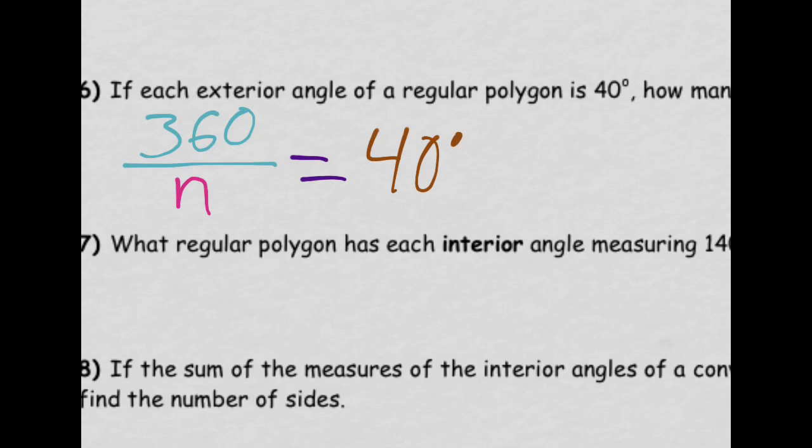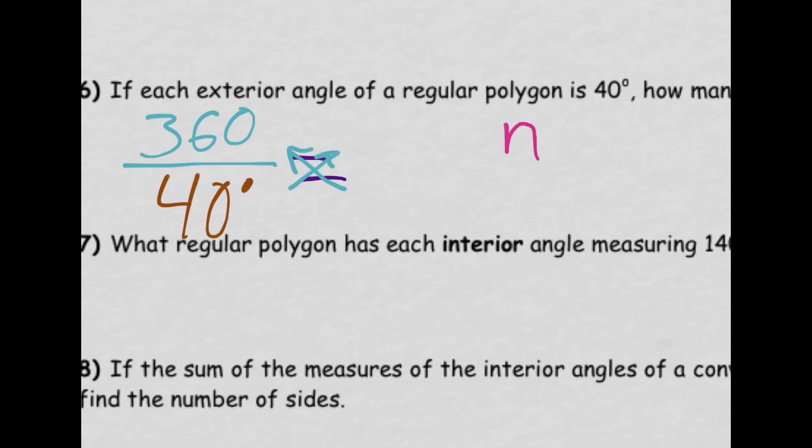Equals 40 degrees. And now, since we're cross-multiplying, the bottom times the top, remember, whenever we have a variable in the denominator like this, we can just take that little sucker, move it over here, and switch it with what's on the other side of the equals sign.